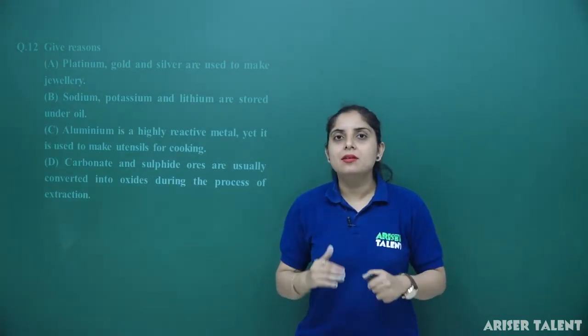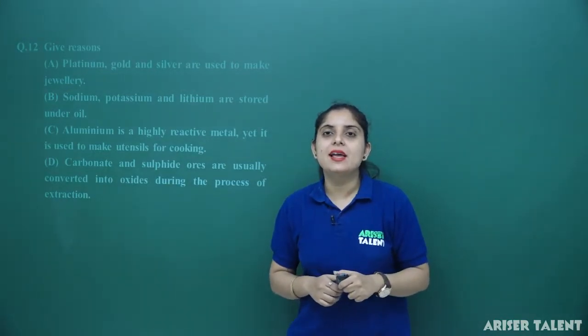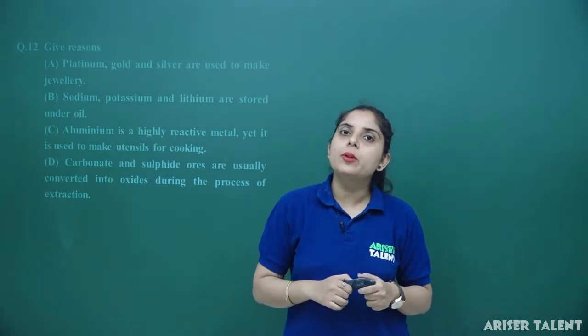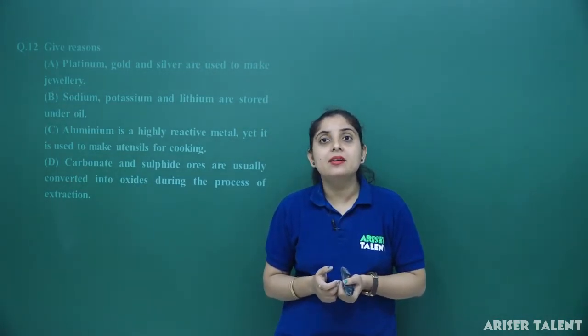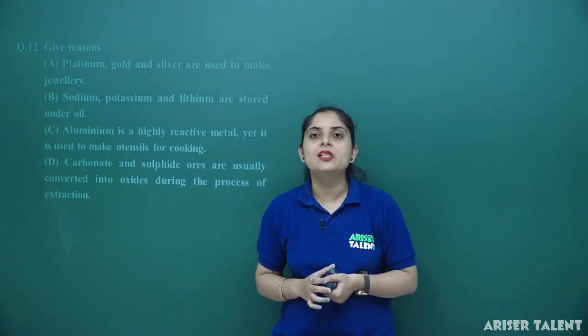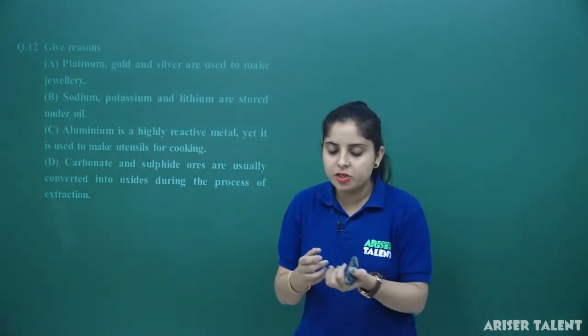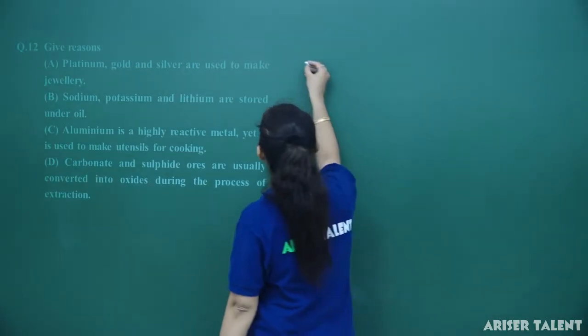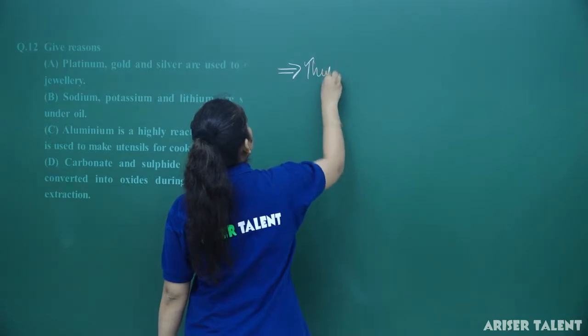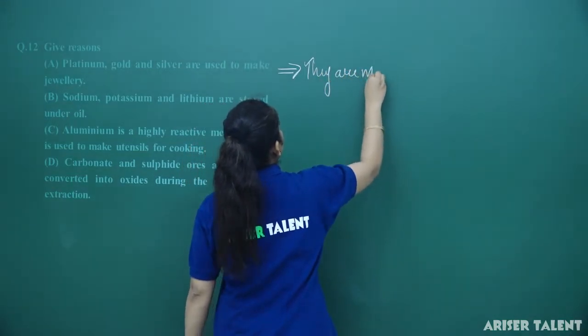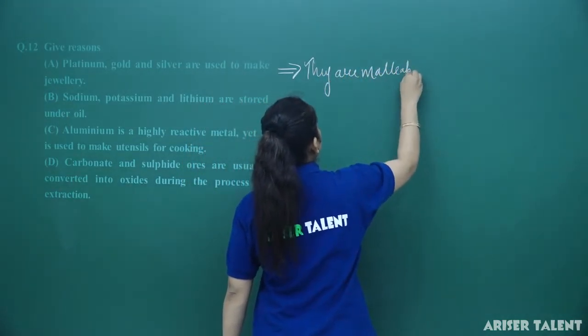Because they are lying below hydrogen in the reactivity series, and secondly, they are not going to be corroded easily. They do not show any corrosion property, and third, they are also malleable and ductile, so we can convert them into any shape. So the reasons for the first answer will be: the first reason is they are malleable and ductile.